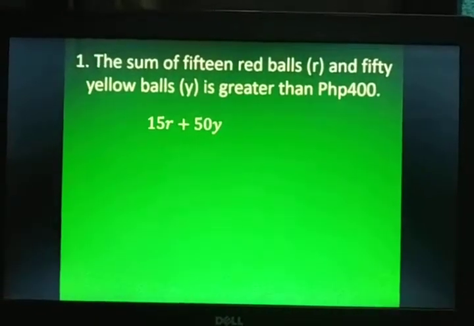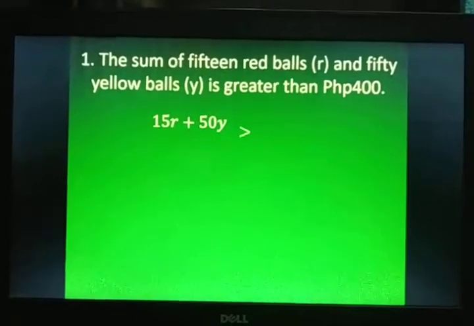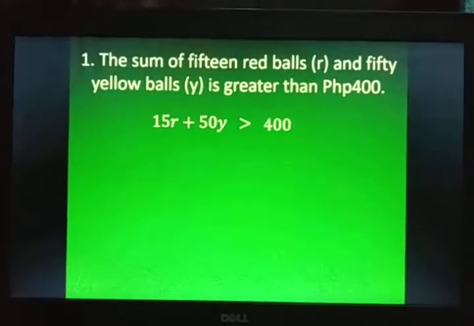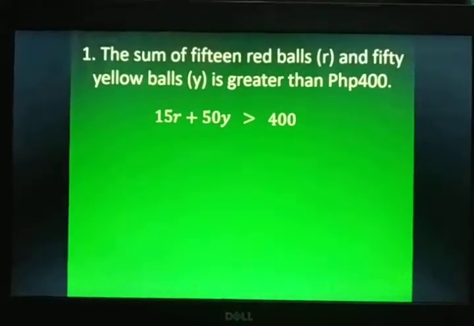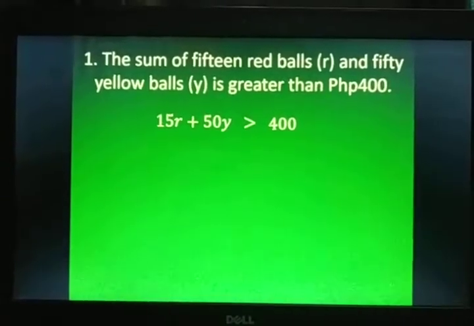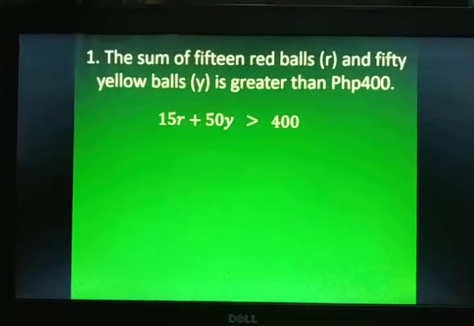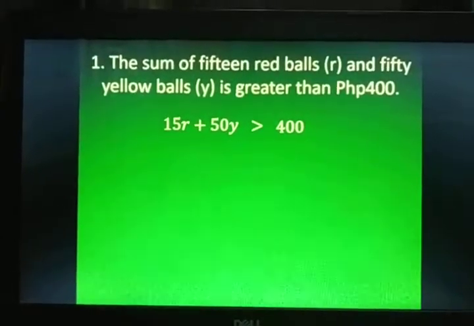The statement is greater than represents the greater than sign, and of course 400. So that's it. 15R plus 50Y is greater than 400. That's easy, right? Let's try number 2.